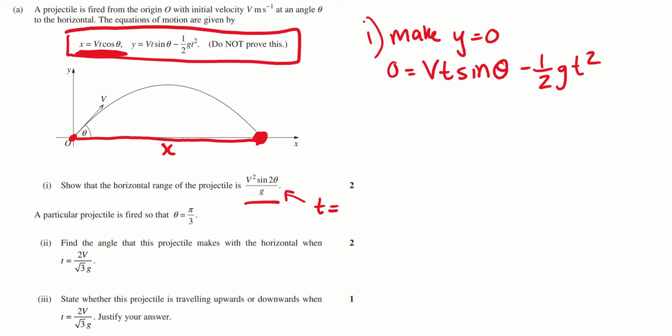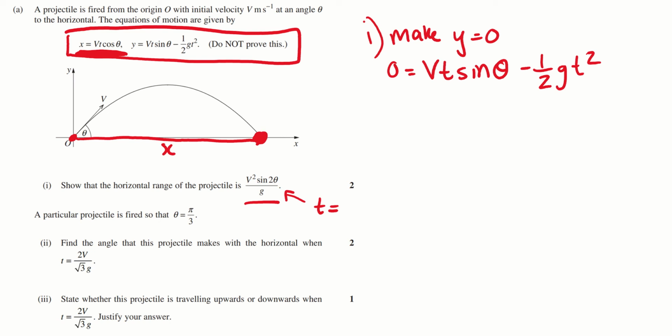Alternatively, I could find the Cartesian equation using both those equations they gave me, and once I have my Cartesian equation, solve that equal to 0 and I'd get the x value straight away. But I'm going to start by doing it this way. It's just, for me, the more logical way to start.